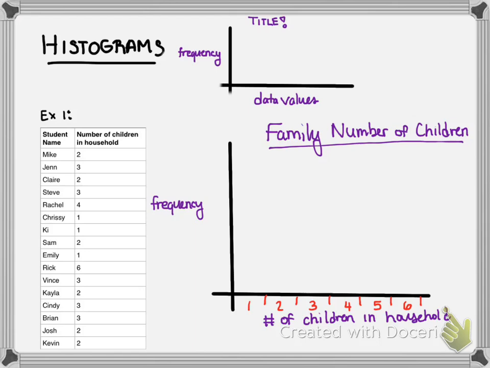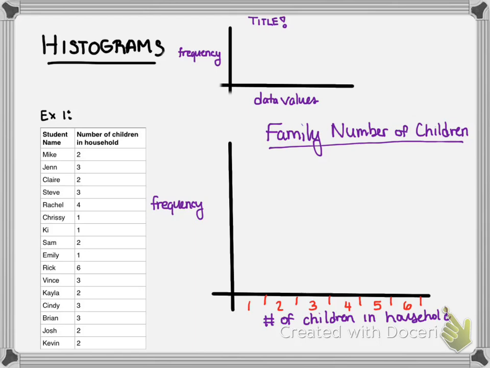Now the frequency axis is a little easier. We don't really have any decisions to make here except for how high to make the frequency axis. I always make it count by 1. And then remember, frequency tells you how much something occurs, so I just look again at my data set and I try to get a feel for how often the most popular number repeats.